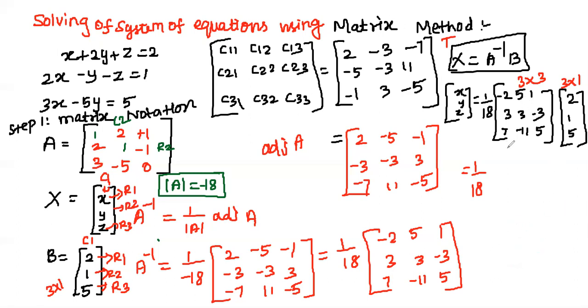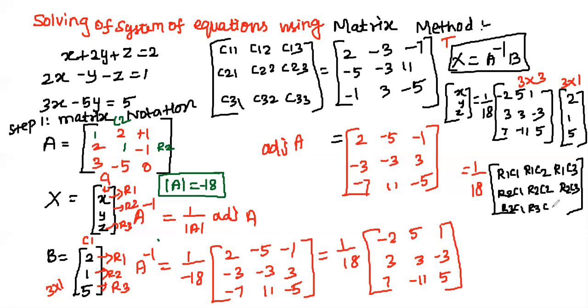So how you will do the matrix multiplication? Row 1, column 1, row 1, column 2, row 1, column 3. Row 2, column 1, row 2, column 2, row 2, column 3. Row 3, column 1, row 3, column 2, row 3, column 3.